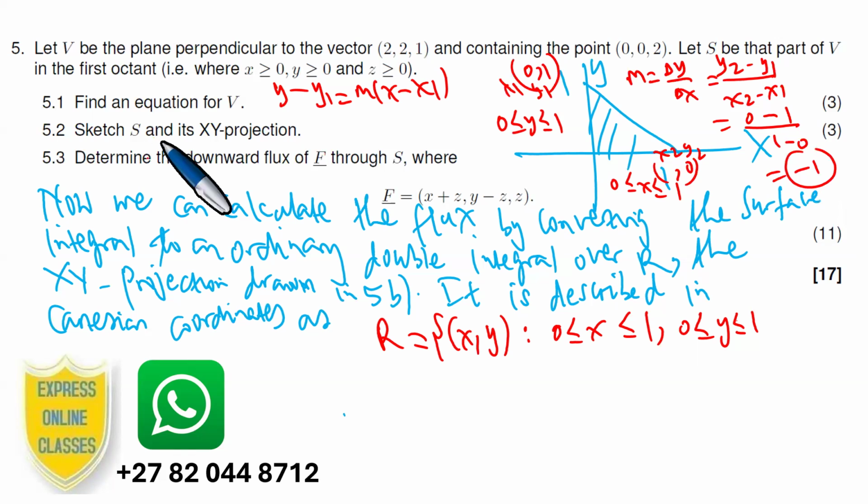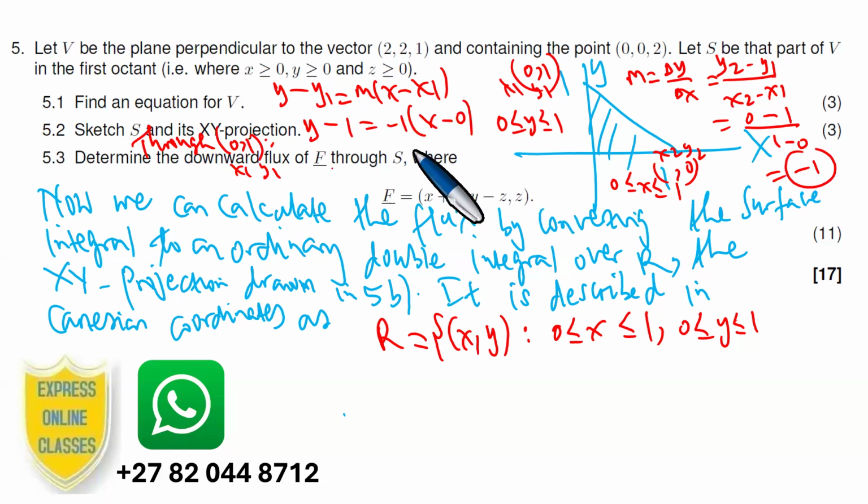So that is the slope. But this line passes through one of the points. Maybe you can take 0, 1. If we take one of the points, we can be in a position to find the equation of this line. So y minus y1, where y1 is 1. The slope is negative 1, x minus 0, which means that you have y equals minus x plus 1.